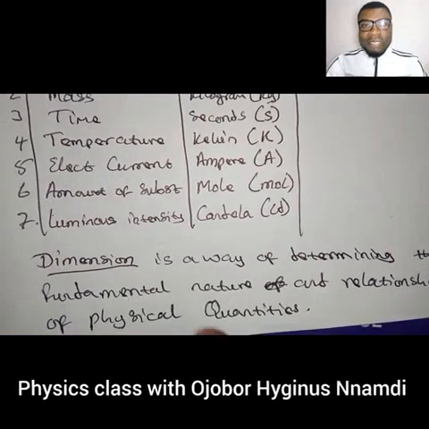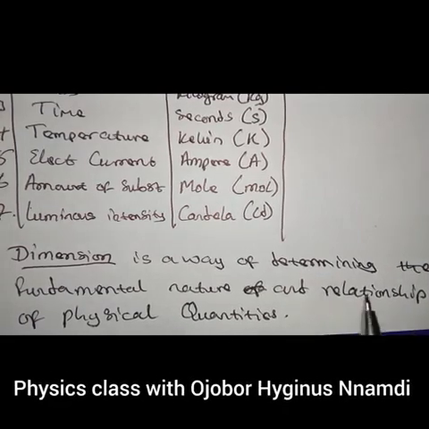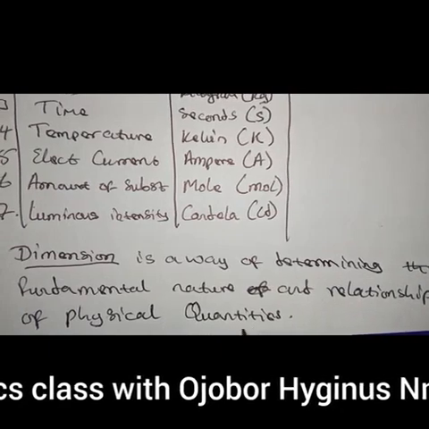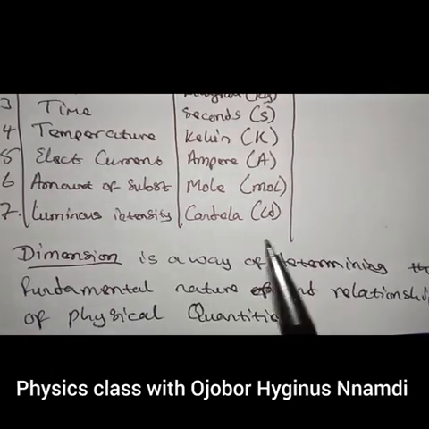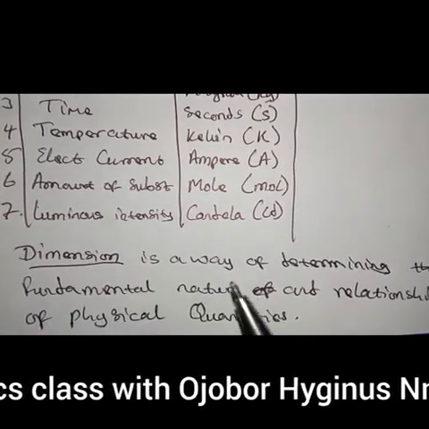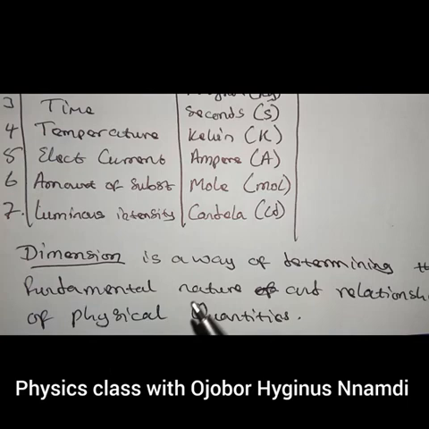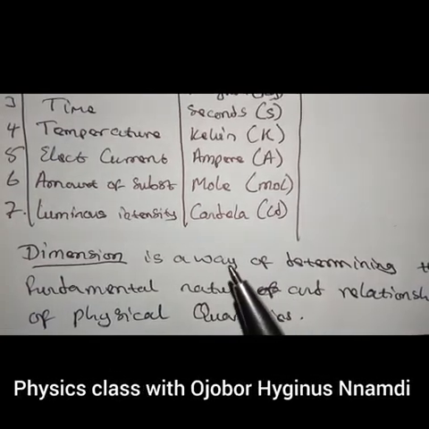Dimension is a way of determining the fundamental nature and relationship of physical quantities. Dimension is used to do a lot of things. To mention but a few, it is used for classification of physical quantities. It is used to check unit correctness. If a unit is correct, we can use the dimensional method to find out.